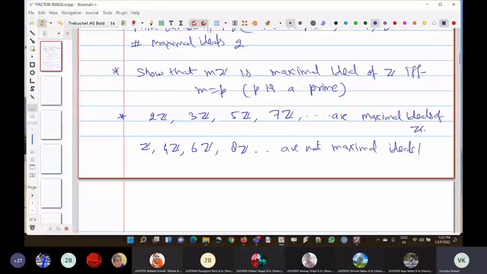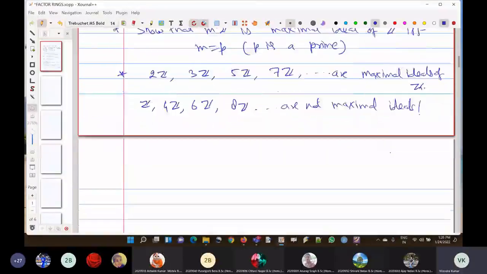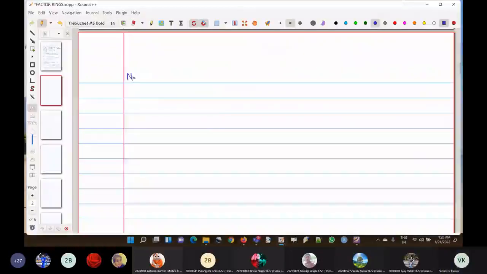Okay. Note that a field has only one maximal ideal.